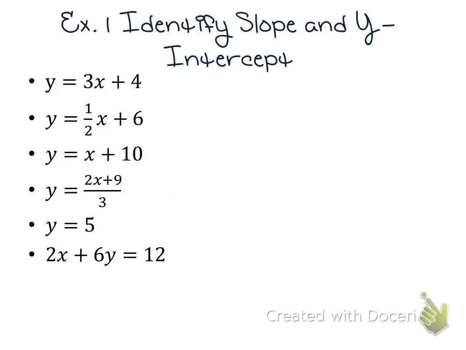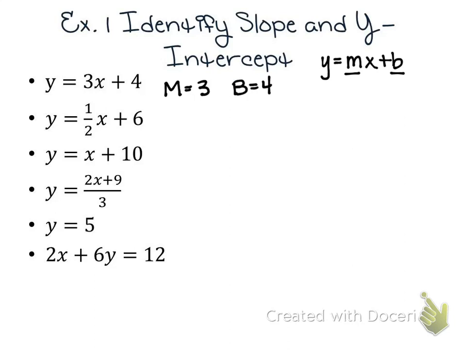So let's write the equation for slope-intercept because you have to memorize this. Y equals mx plus b. I know that m is my slope and b is my y-intercept. Okay, so look at this equation. Y equals, what is m in this equation? 3. What is my y-intercept? 4.